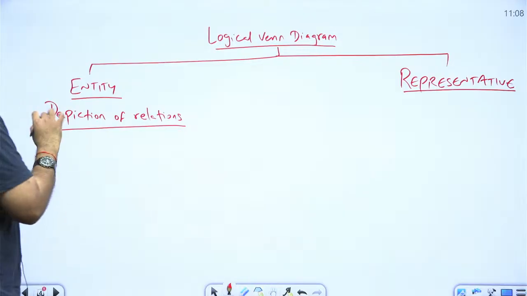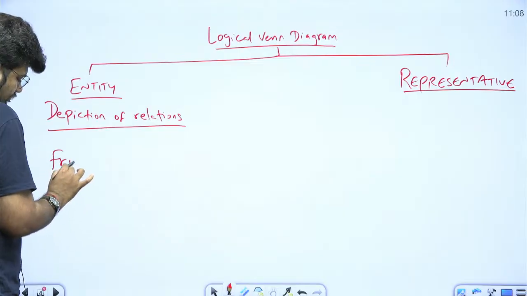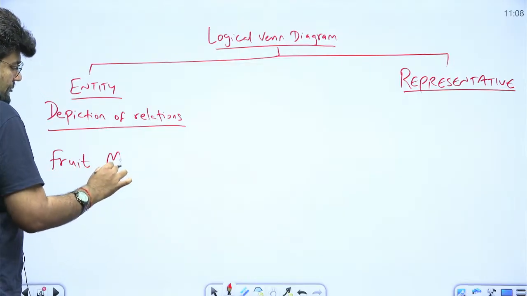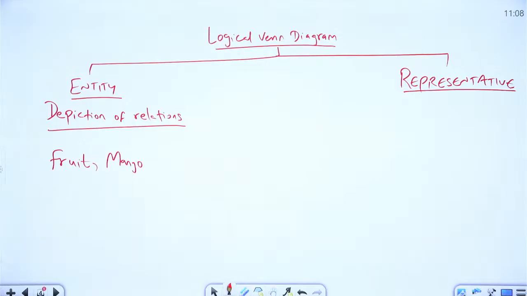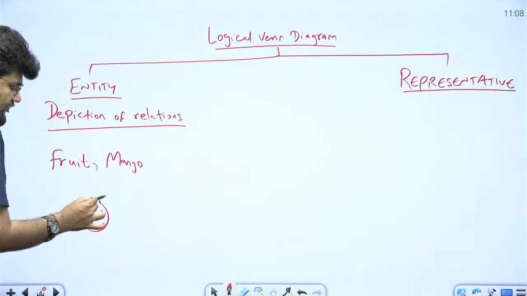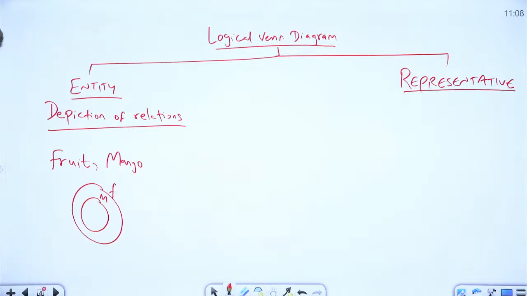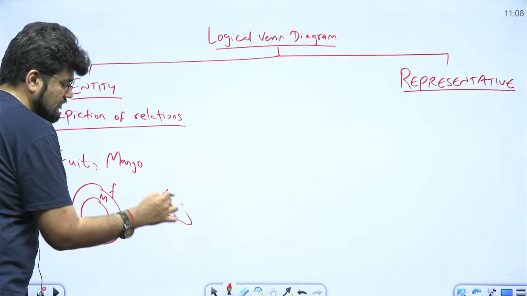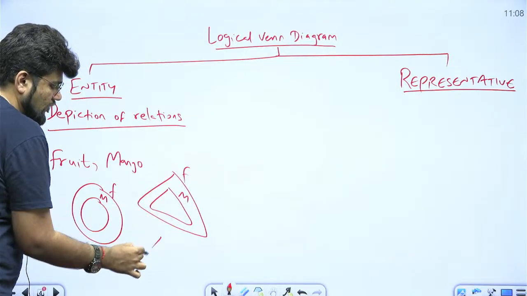Now, for example, I'll give you an example like fruit and mango. So you know that all mangoes are fruits. This is the Venn diagram. Either you can draw it like this or you can draw it like this, or you can probably draw it like this.